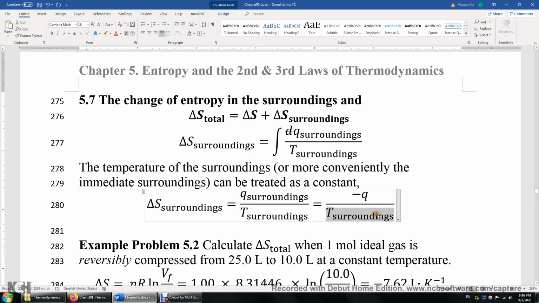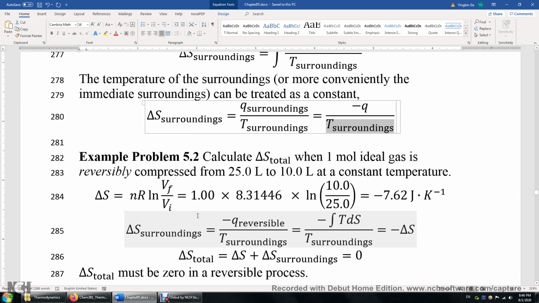In particular, when we deal with an isothermal process, because the system temperature remains constant, we assume that the surrounding temperature is equal to the system temperature. Otherwise, the temperature of a system will change until it's equal to the surrounding temperature. So for isothermal processes, we have the entropy change of the surroundings equal to negative q over T.